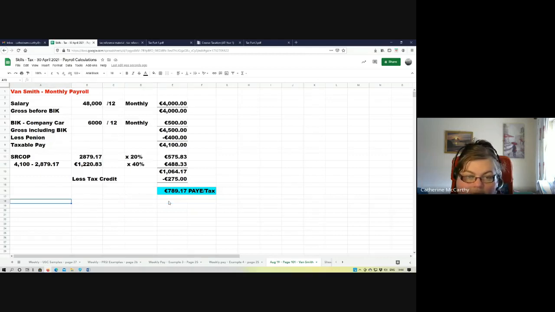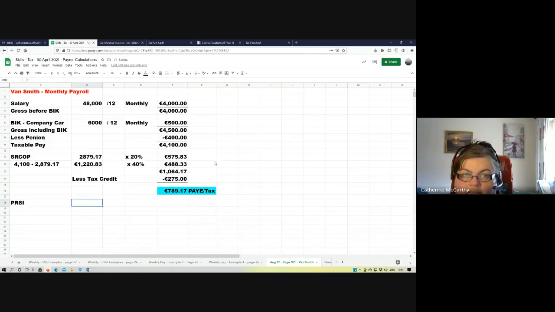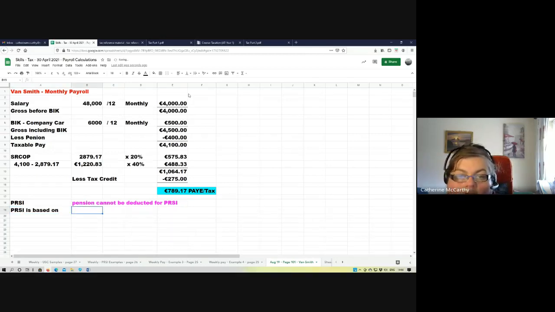Okay, then our next one is the PRSI. Again, I keep writing in, just to keep thinking, pension cannot be deducted for PRSI. So what figure will I be PRSIing them on?